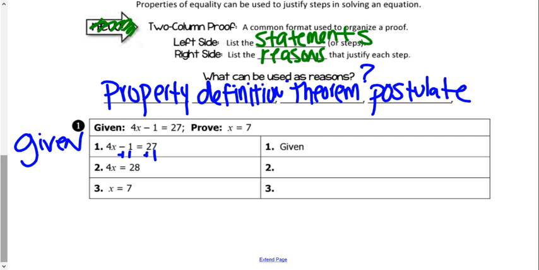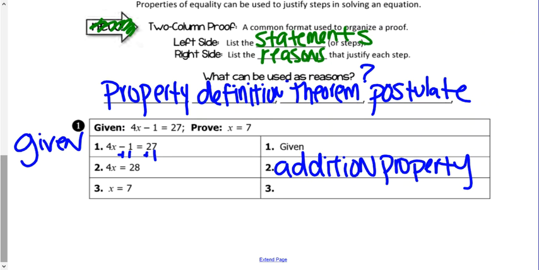That brings me to 4x equal to 28. Now I need a reason for why I went from step 1 to step 2, and that reason is the addition property of equality, because I added 1 to both sides.